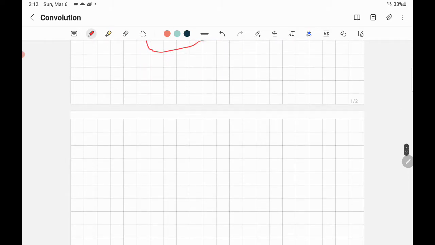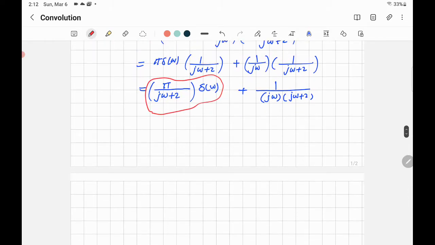And remember the property of impulse. If you multiply any function of omega by the unit impulse, that would be equal to the function when you put omega equal to 0, multiplied by delta omega.